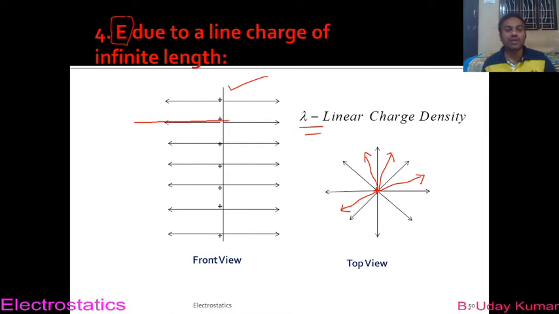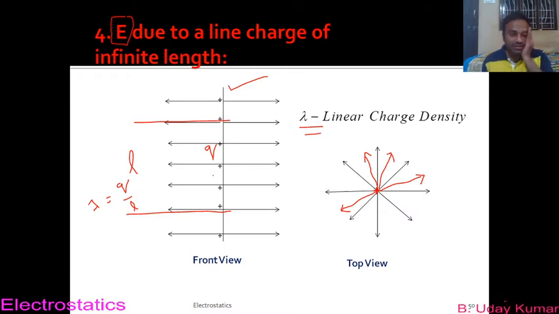For example, if I consider this element here, and take the length of this element as L, and the total charge present on this element as Q, then to find lambda we just divide Q by L. So this becomes the linear charge density of this system. This is how we determine lambda.